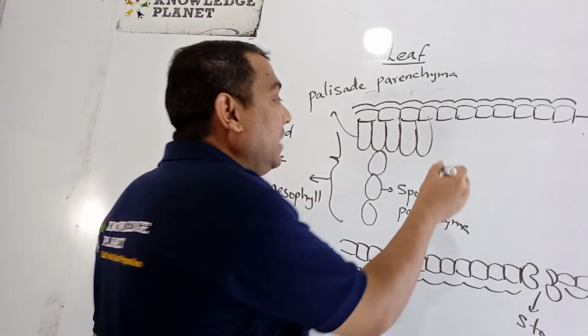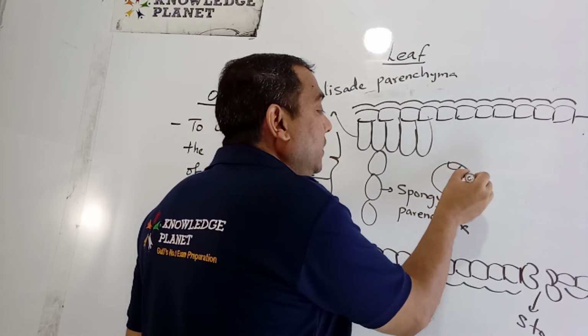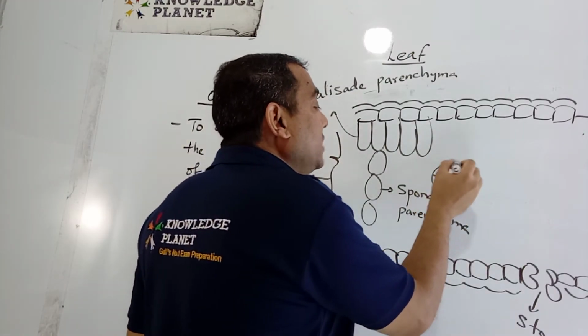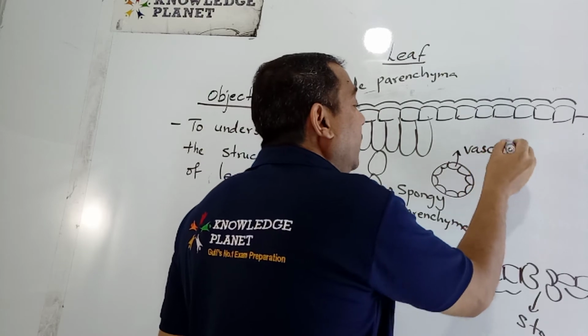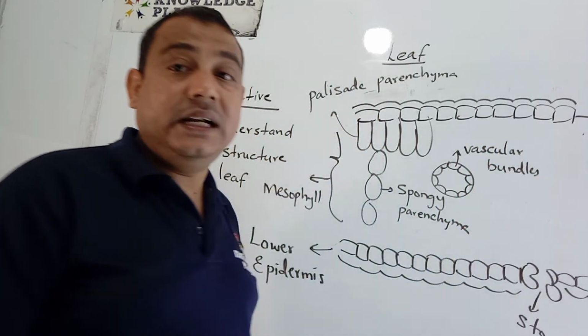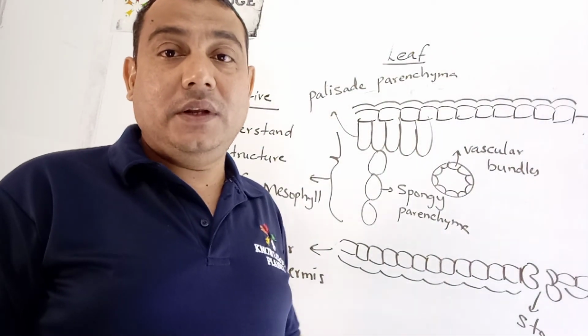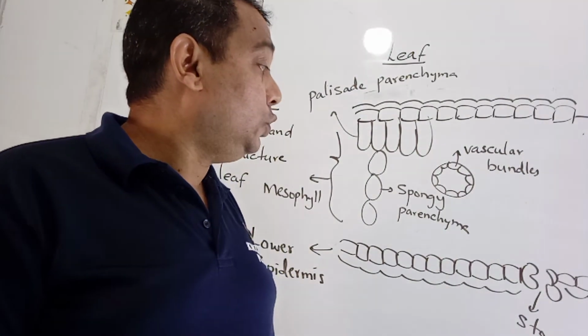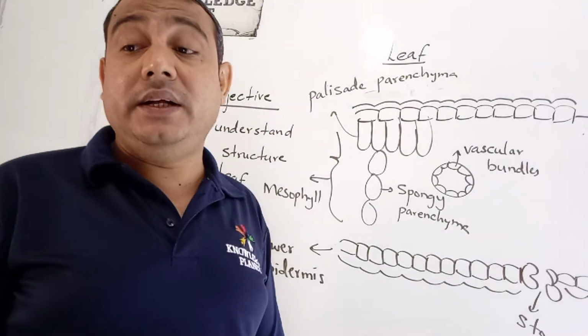Okay, and in the center what do you have? At the center you can see vascular bundles. So what is the function of vascular bundle?